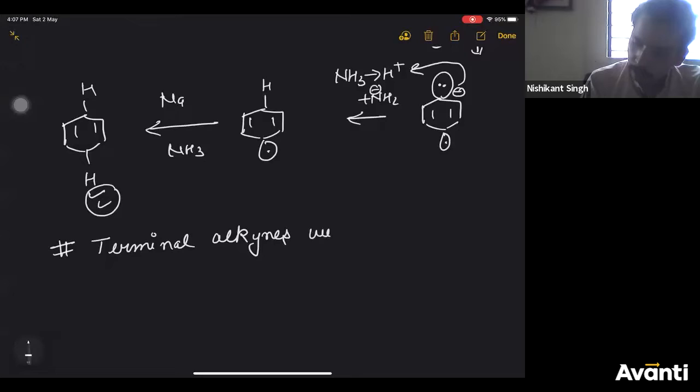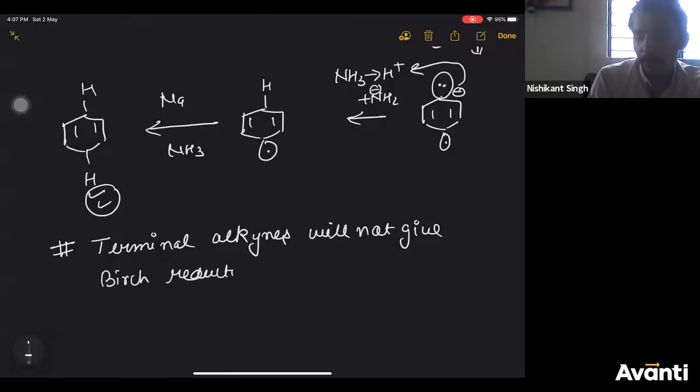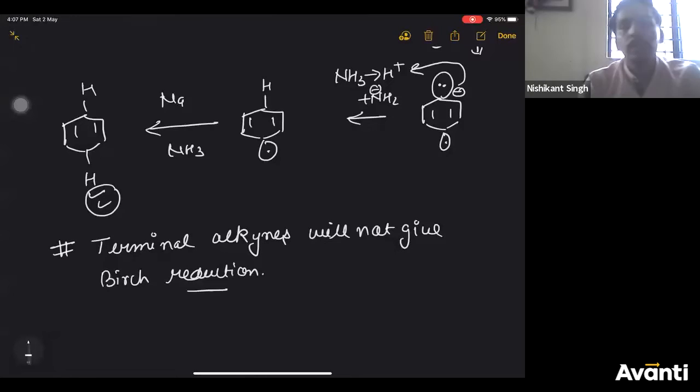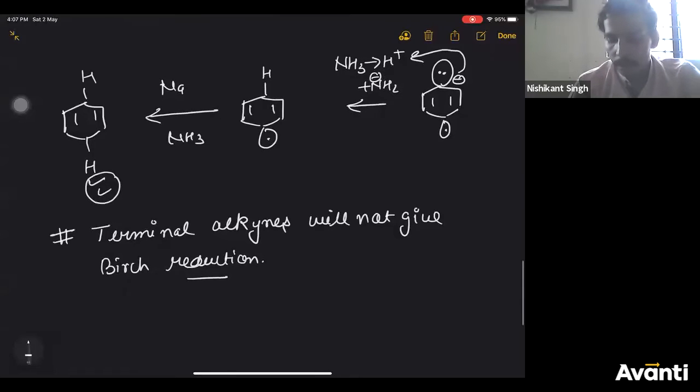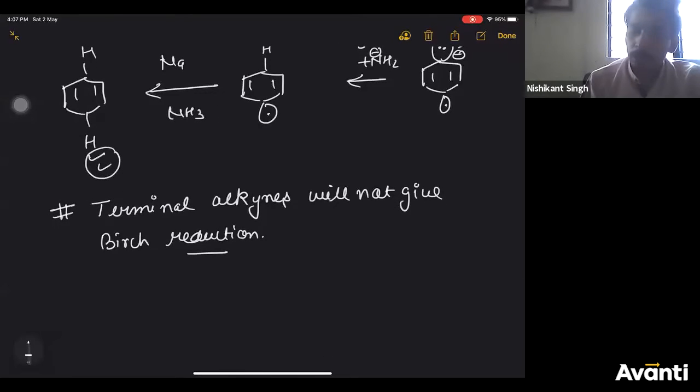Terminal alkynes will not give Birch reduction. Very, very important. Terminal alkynes will not give Birch reduction. This is very, very important.